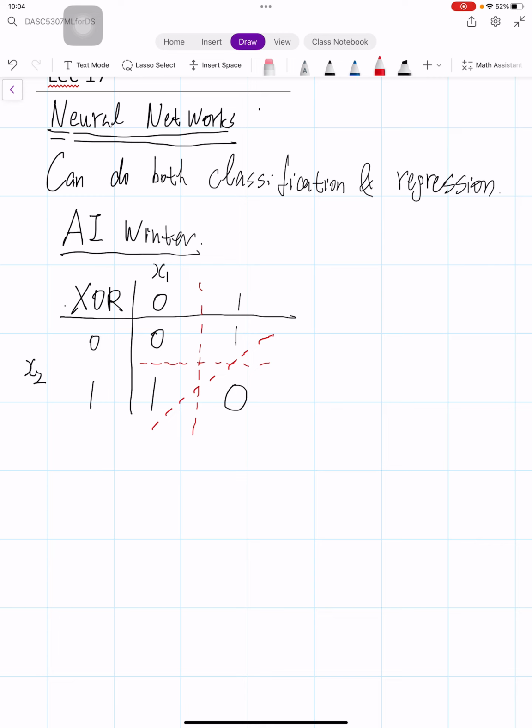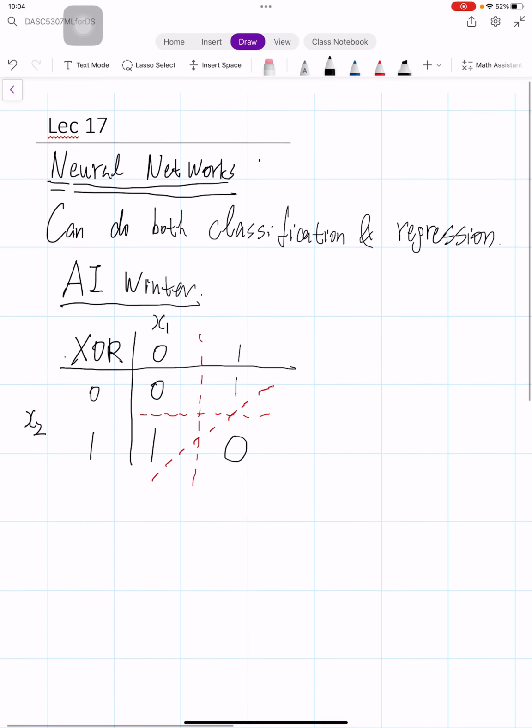And actually, the neural network resurfaced and became popular again after 2010.